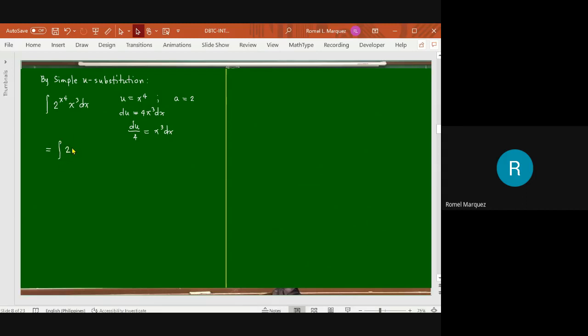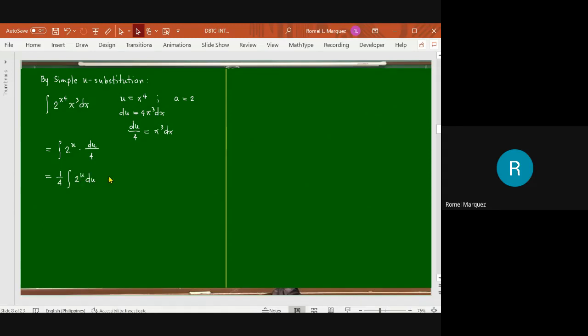So 2 to the u, and x cubed dx is du over 4. The 1/4 I can put outside, so this is now 1/4 integral of 2 to the u du.